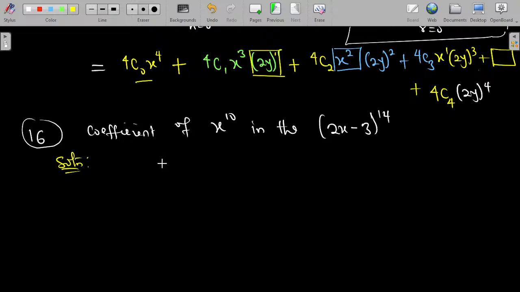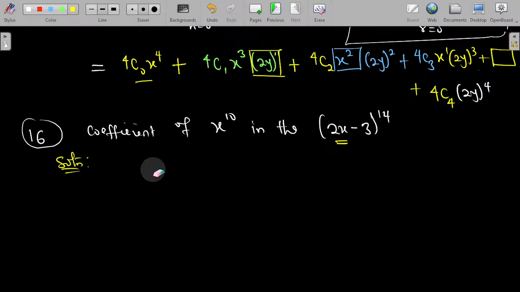So to get the coefficient of x raised to power 10, I will need this term to have a power 10. Because if it has a power 10, let me say 2x to the power of 10, it means I'm going to get 2 to power 10 times x to power 10. So it is this one that will help me get x to the power of 10. Okay, so see what you're going to do then.